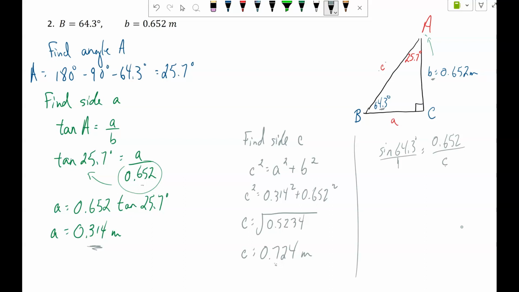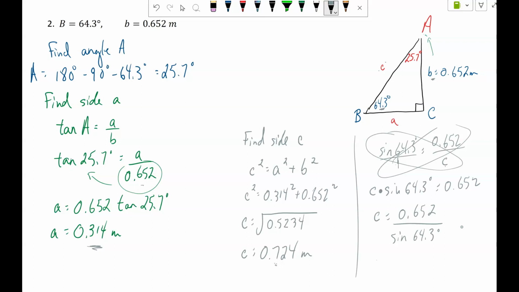So multiply C by sine 64.3, C sine 64.3 equals 1 times 0.652. All right, so I'm just multiplying those two and then those two. Set them equal. I want to solve for C. It's multiplied up here, so we must divide by that. So C is equal to 0.652 divided by sine 64.3 degrees.